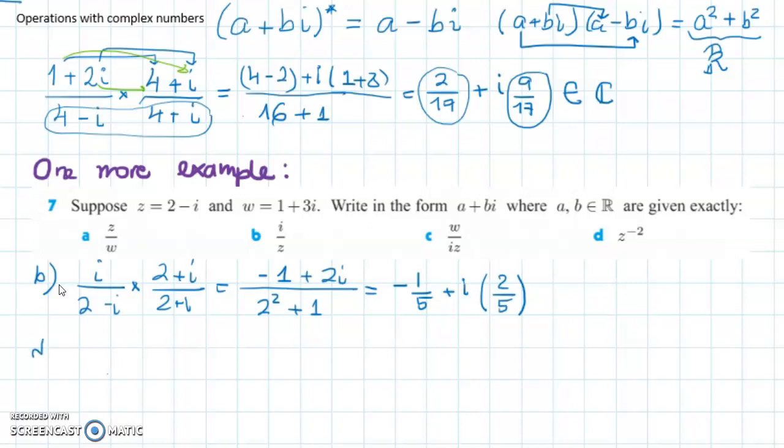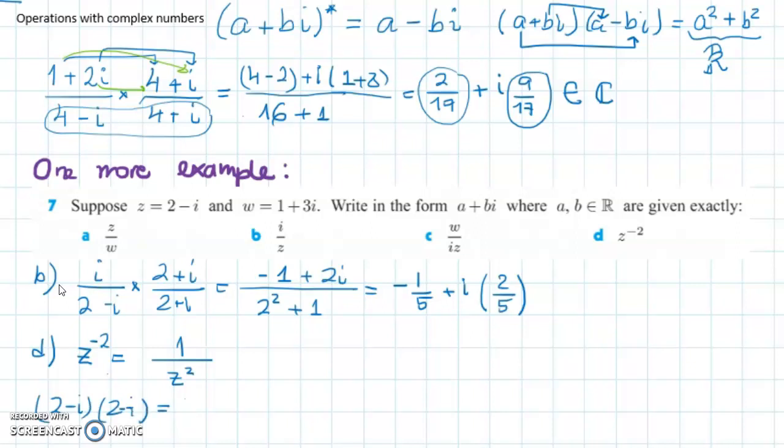Let's look at part D, just because it looks different. It says we want to find z to the power of negative 2. So that means we want 1 divided by z squared. So we are going to need to find what is z squared. So I'm going to multiply 2 minus i by itself to find z squared.